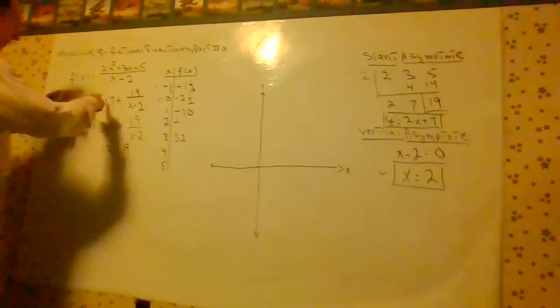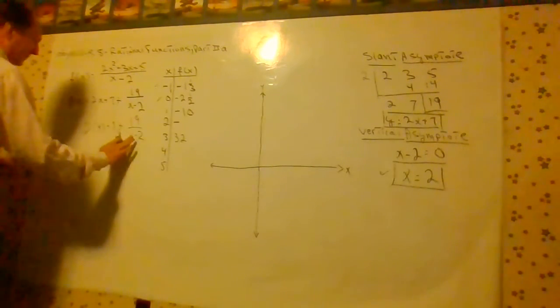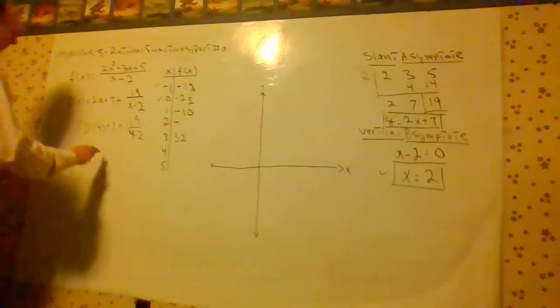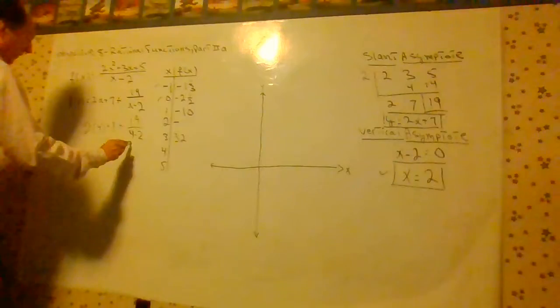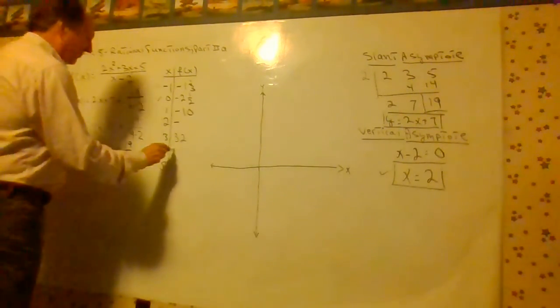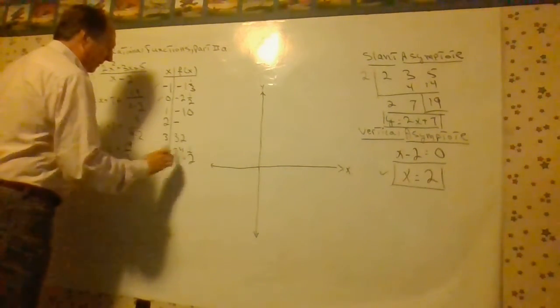Okay, and plug in 4, 2 times 4, 4 minus 2, and let's see, 8 and 7, 15, plus 19 halves, that's 9 1/2. I guess we get 24 1/2.